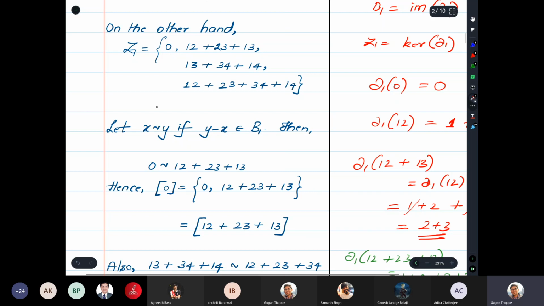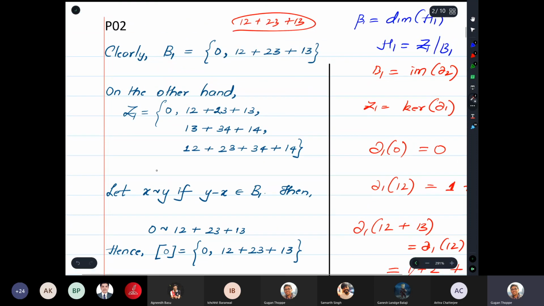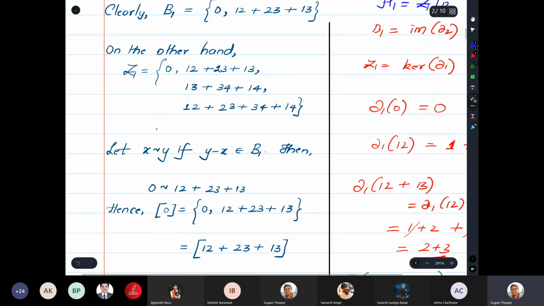So remember what we said. We said that when we do this quotient operation, it is equivalent to saying we come up with an equivalence relation. And what is that equivalence relation? We will say that two elements x and y in Z1 are equivalent if their difference lies in B1. Right? This is how we define the equivalence relation. So let's see if the two elements in B1 are equivalent or not.